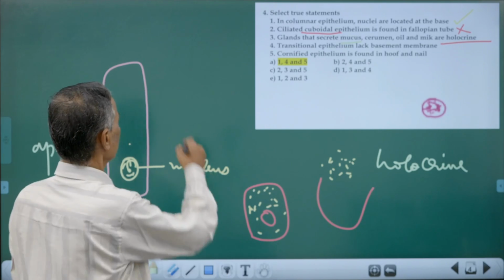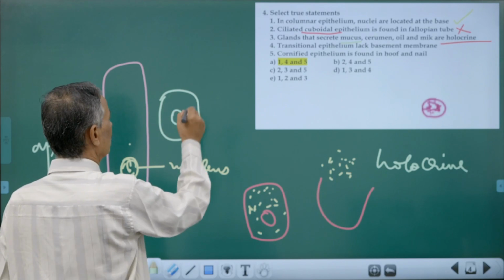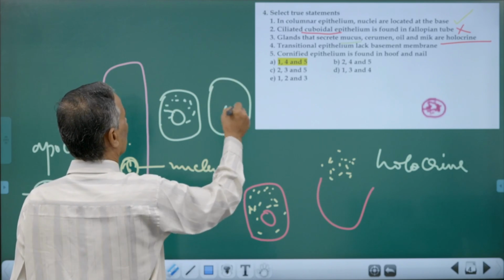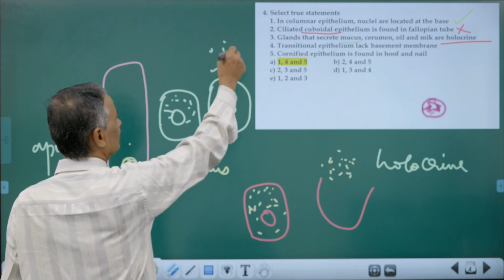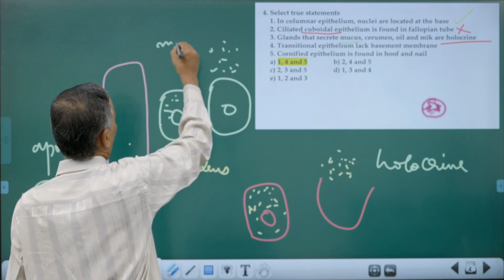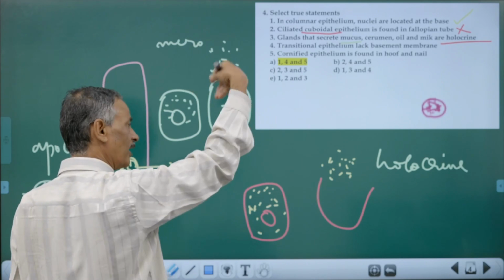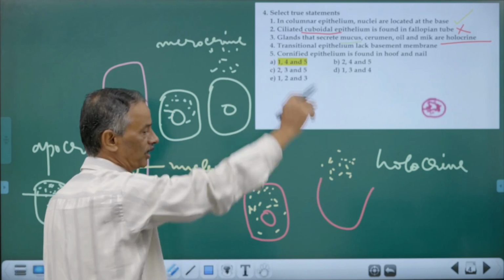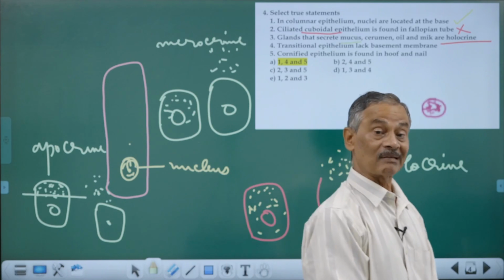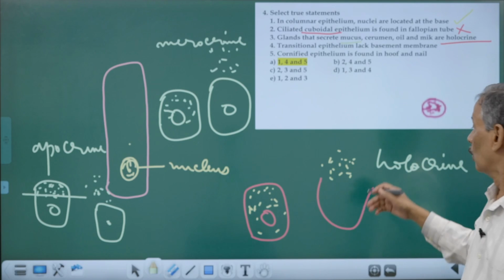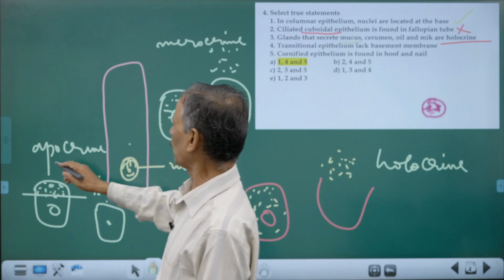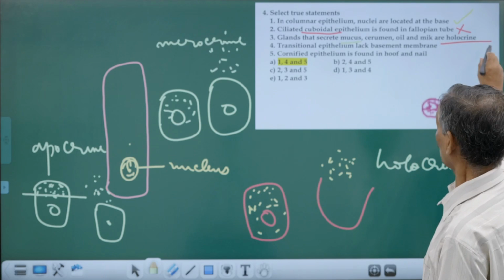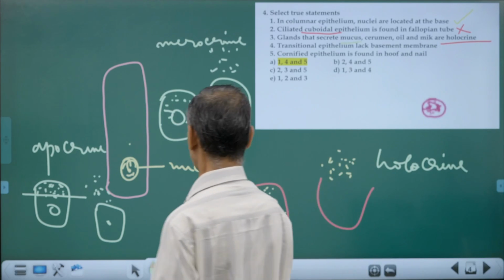In merocrine, during secretion, the secretory granules are deposited and they come out without any damage to the cell. This is called merocrine. Mero means part. Only the secretory part is coming out, no damage to the cell. So, based upon the nature of secretion, we can classify glands into holocrine, apocrine, merocrine. Clear? So, all are holocrine is not a correct statement. Clear?